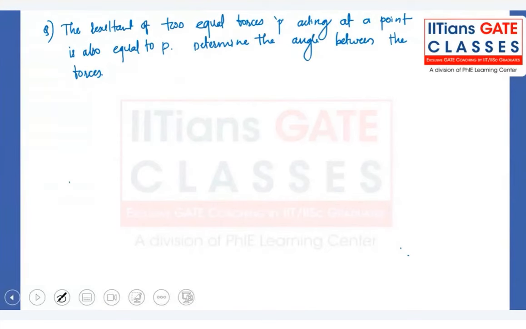Any other answers? 60. Okay, 240. Let's see. Have you drawn the figures, all of you? At least to see. Yeah, 120 is the correct answer here. At least you should draw the figure and see how it looks.